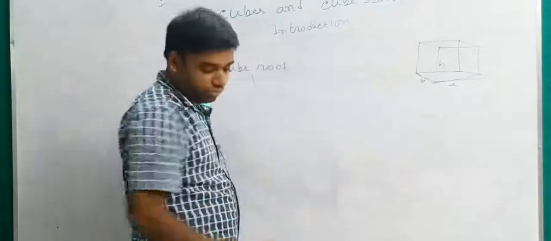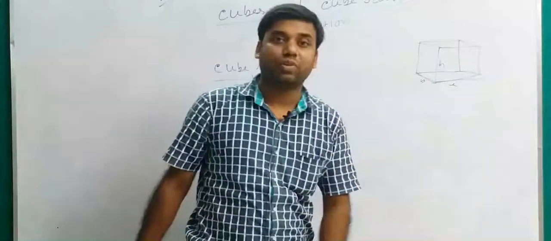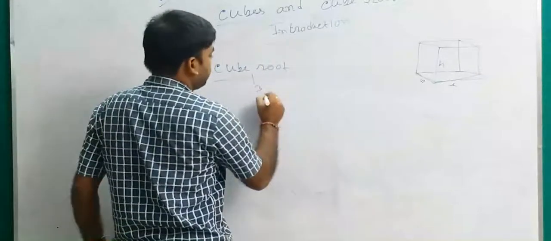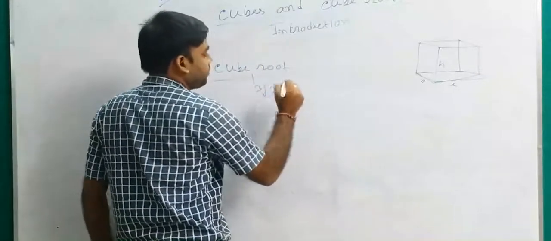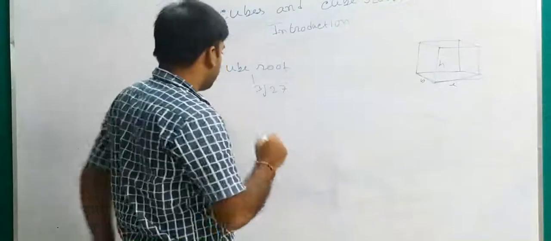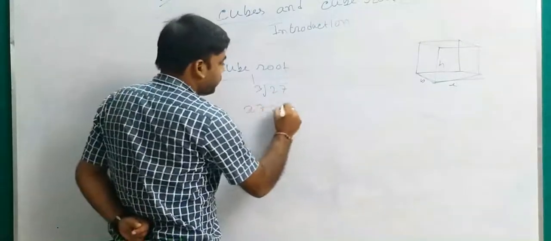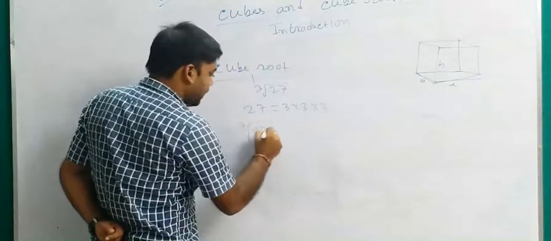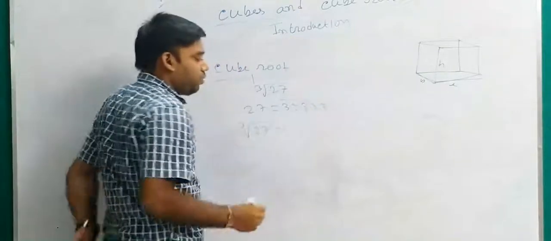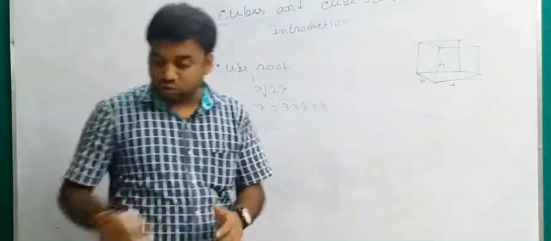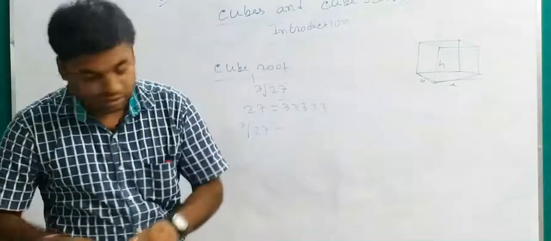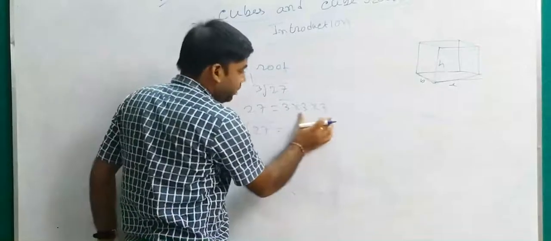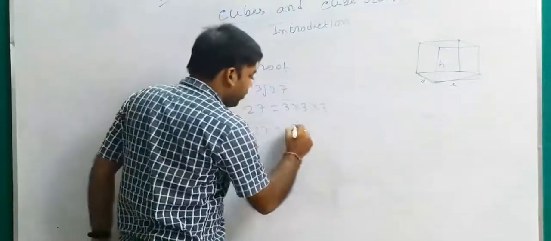Next, how to find the cube root? Let us check. That is the cube root of 27. So 27 means 3 into 3 into 3, and the cube root of 27 equals, give a bar over 3. We know that cube means product of 3 factors. So 3 same factors. Now from these three 3's, you can take only 3.